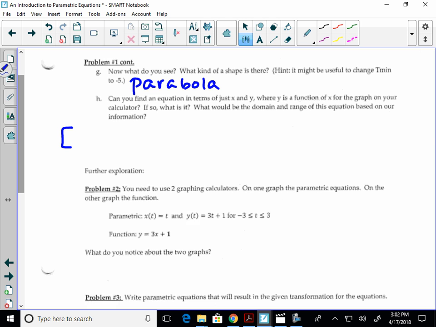Domain would be from negative 2 to what? 3. Okay, and your range would be from negative 2 to 23.